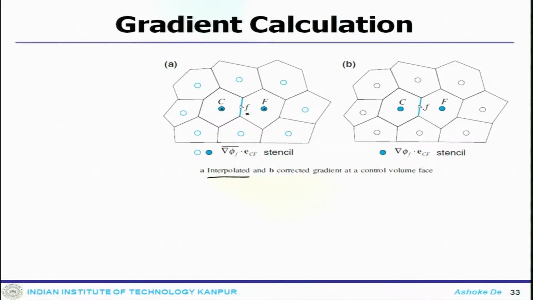So, once you look at these two, the gradient at the face, which are the same stencil, I mean the C and F and the surrounding elements, they have the same stencil, but ideally they should be the same, but when you do the calculation some sort of correction is required if some non-orthogonality exists.